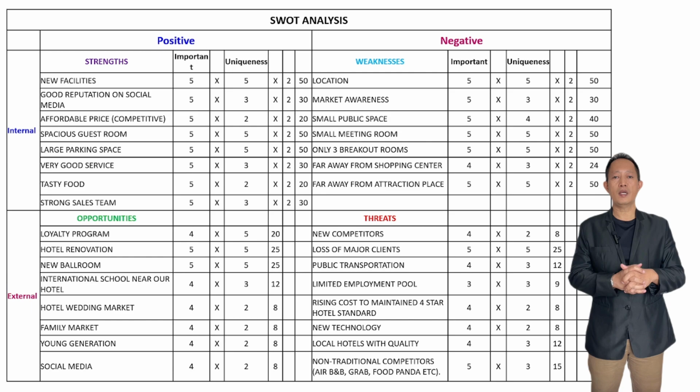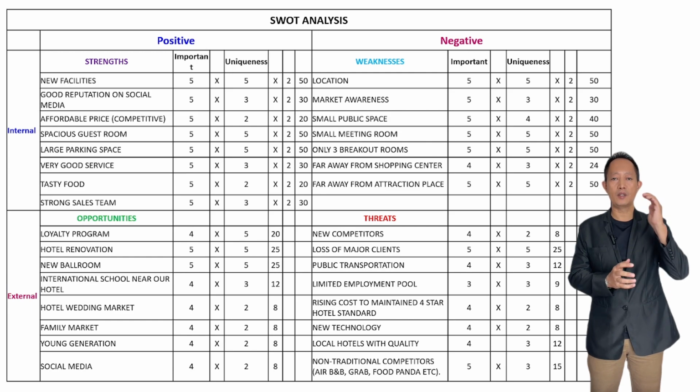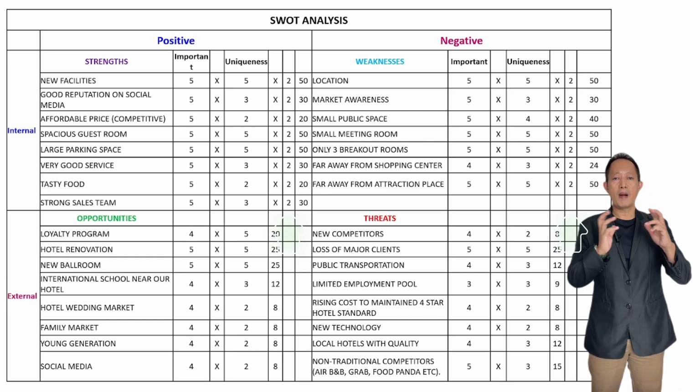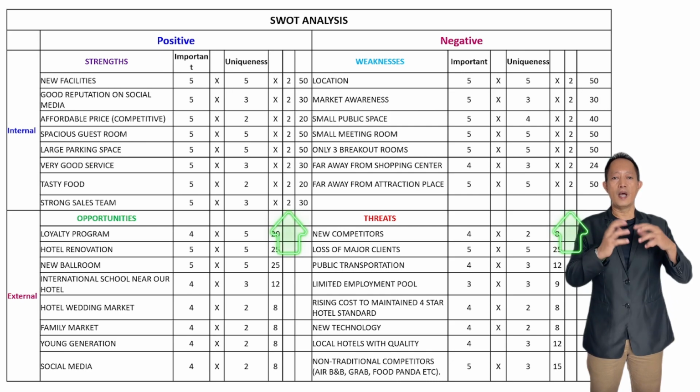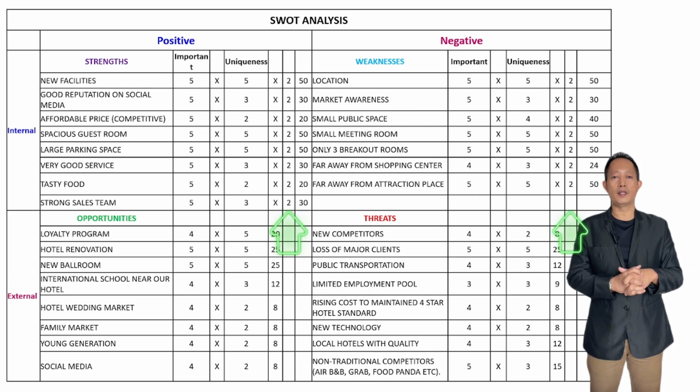The upper section is multiplied by 2. This is multiplied by 2 because we need to double the weight for the internal factor, which is under our control and we can manage internally. That is why we have tools on both strengths and weaknesses, and we put double weight.